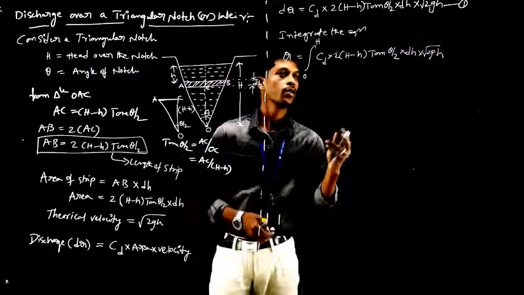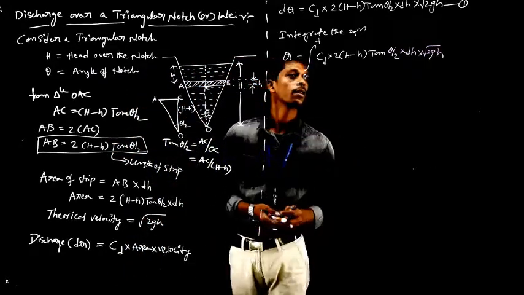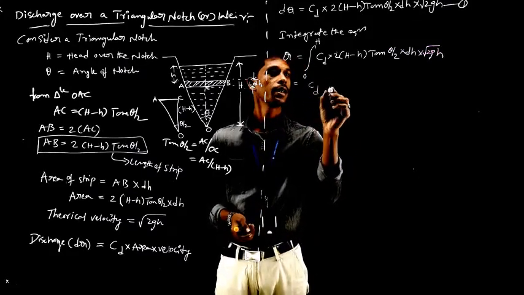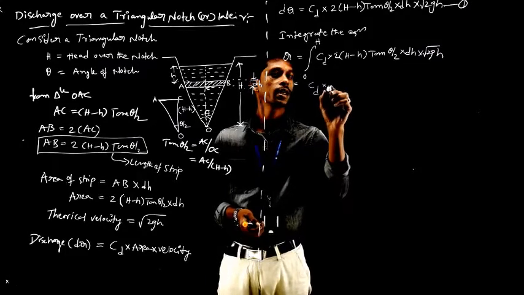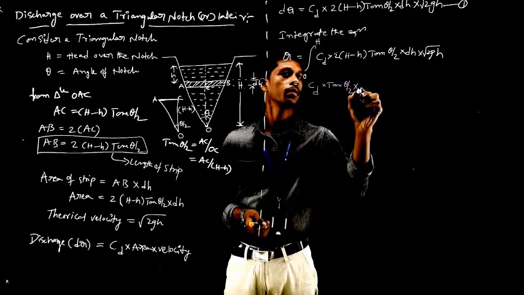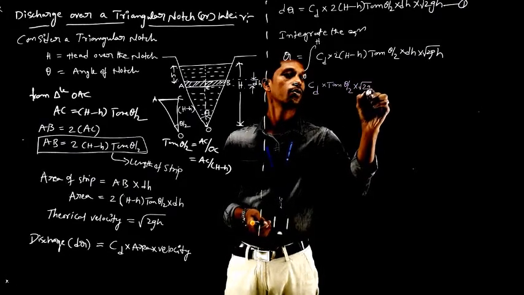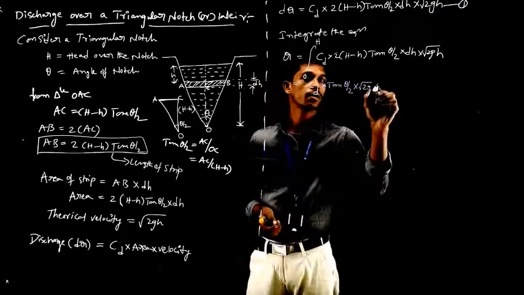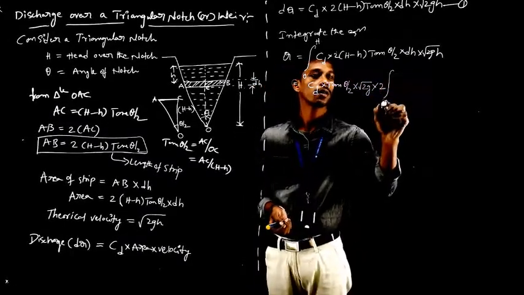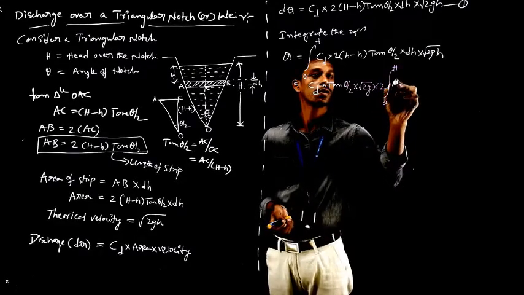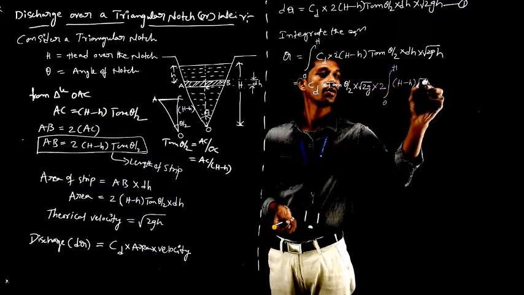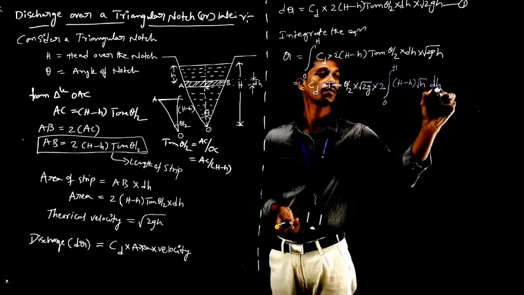In this, what are the constant values? The constant values we will write outside: CD, tan theta by 2, root 2g, and the 2 also we can write outside. Apply 0 to capital H, capital H minus small h and root h into dh.